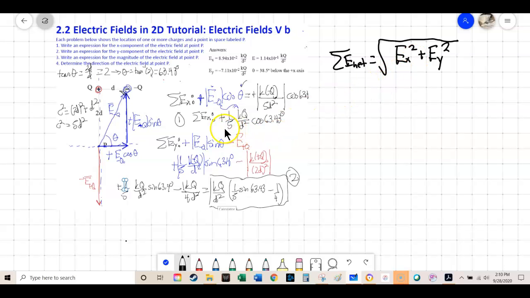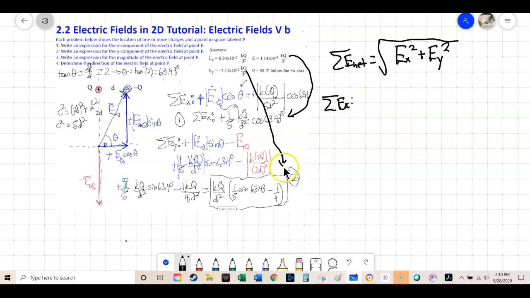Well, E in the x direction here we wrote as this, which incidentally is this part, and the y direction stuff is just this part. And again, our angle's different from his because Mark chose this as his angle instead of this.